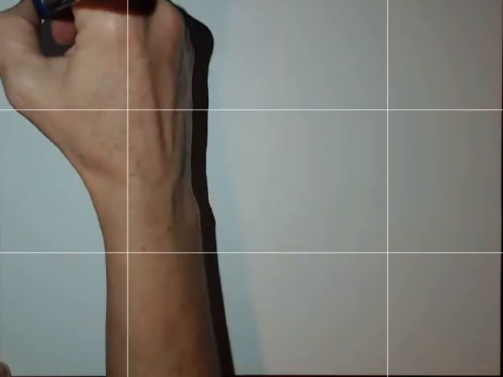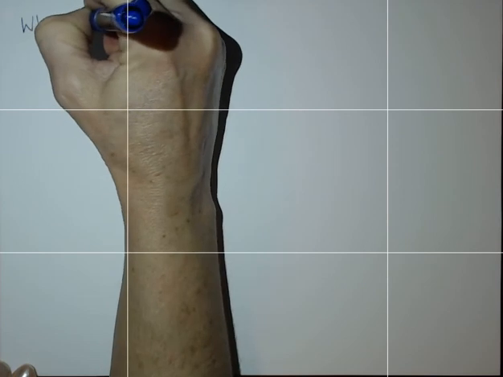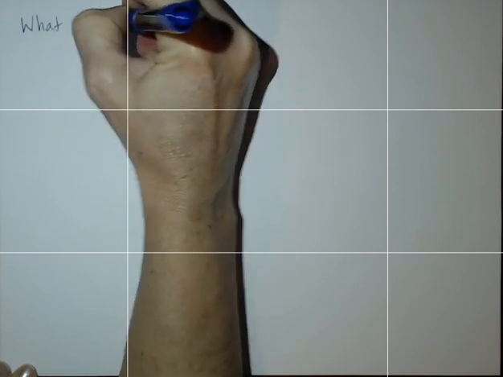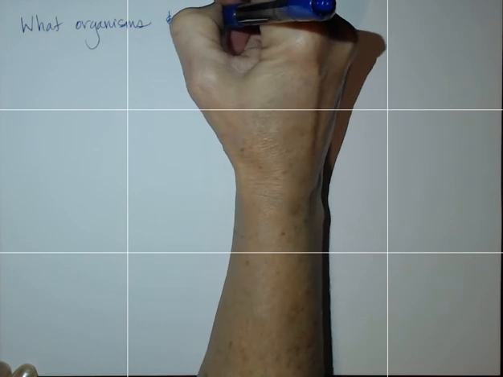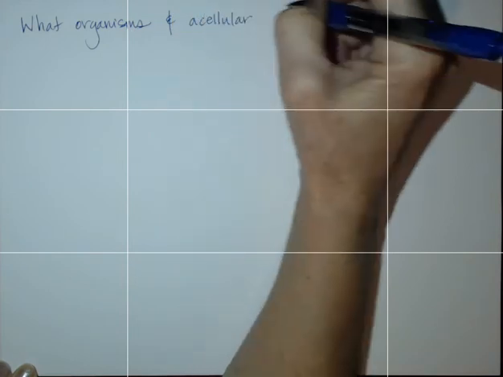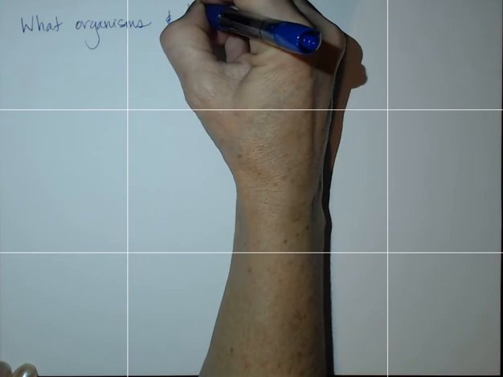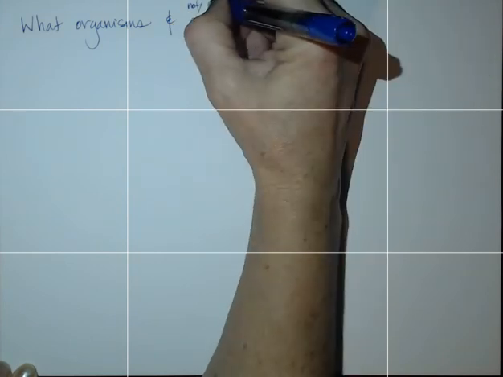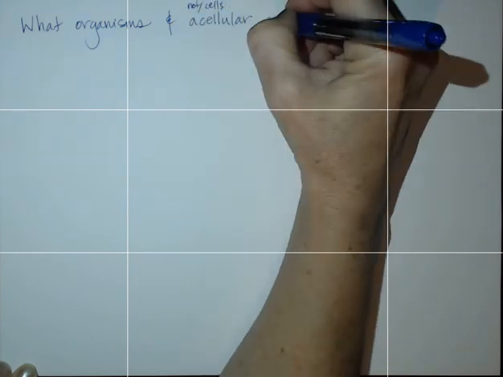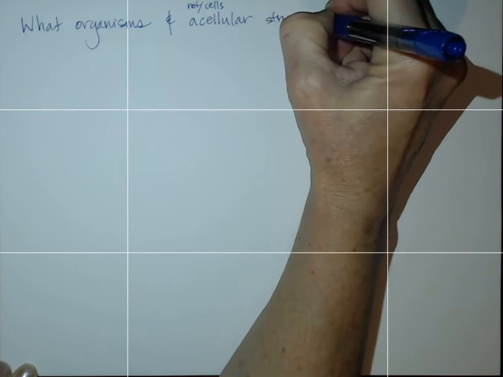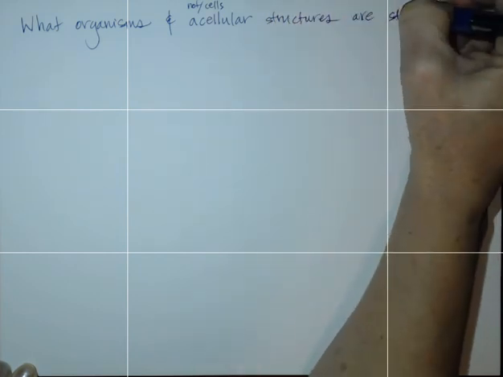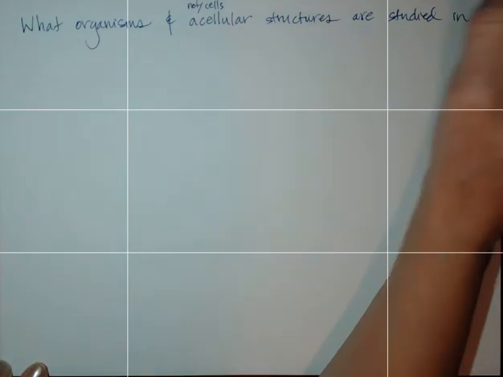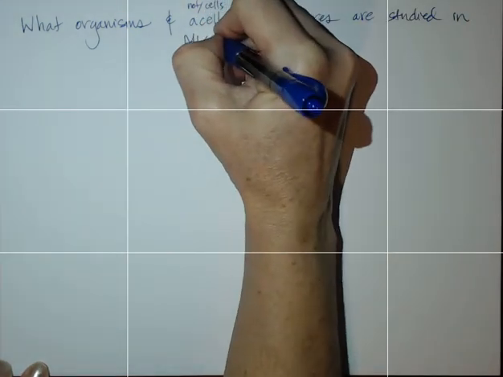Hi, today we're going to be looking at what organisms and acellular structures, and remember A meaning not cells, these are just acellular structures, are studied in microbiology.